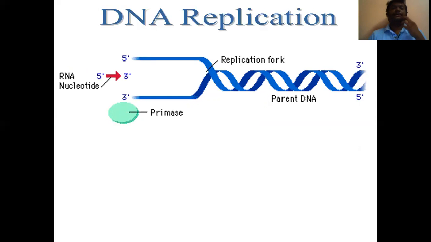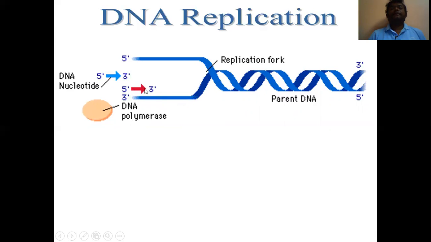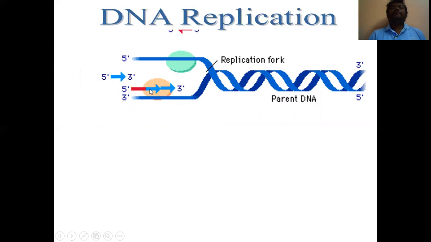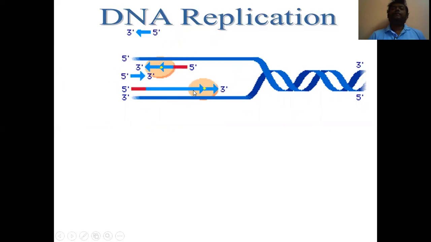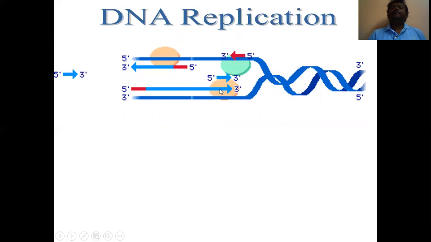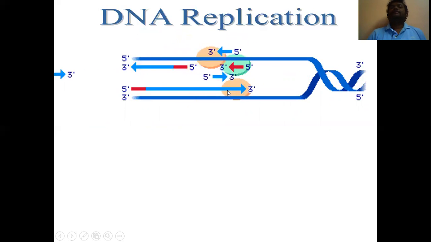Next, we can see an animation of DNA, and this is the replication fork, and this is the leading strand, and this is the lagging strand. In the leading strand, initially an RNA primer is added. After addition of the RNA primer, the DNA polymerase keeps on adding nucleotides in this 5 to 3 direction.